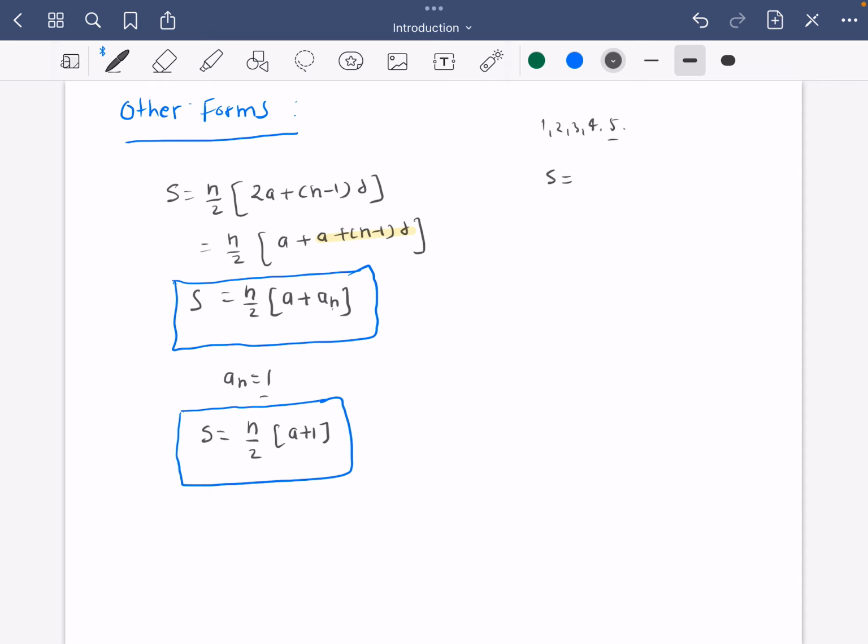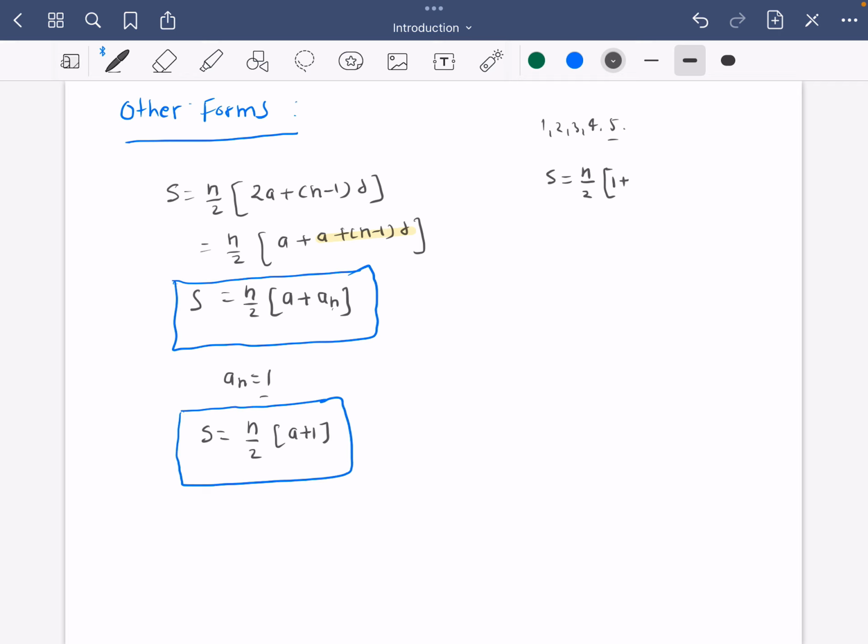The common difference is always the same, so they're in AP. That means if you want to find the sum of the first n positive integers, it's going to be n over 2 times a, the first term. Positive integers start from 1, not from 0. 0 is a neutral integer, not a positive, so it starts from 1, plus an.